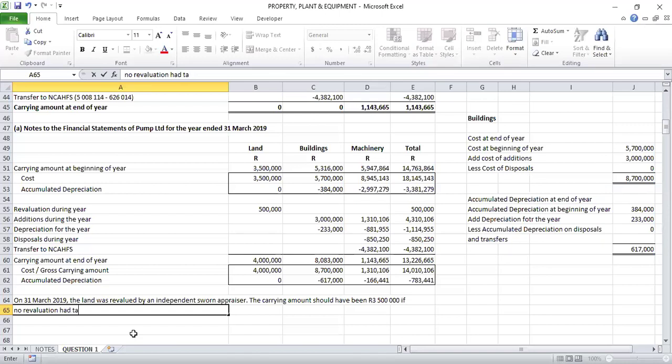If there's been a revaluation, you are supposed to state the qualifications of the person who did the revaluation, and you state the carrying amount if no revaluation had taken place. That is the original cost. So this is how we do the property, plant and equipment.